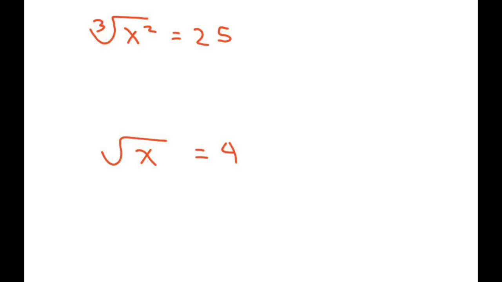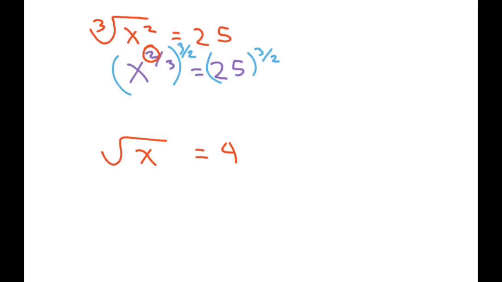Next one is this one. We have x to the 2/3 equals 25. Now in this case, my n is even. That means we can have two solutions. So we're going to power this by 3/2. This is just x on this side, and you get the square root of 25 cubed.